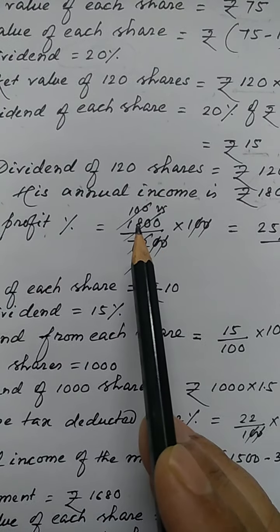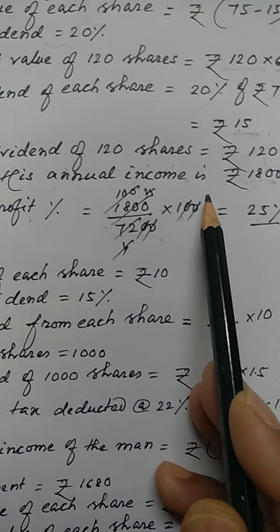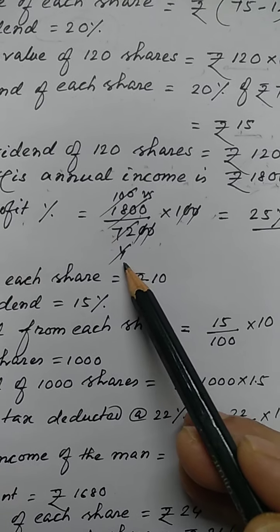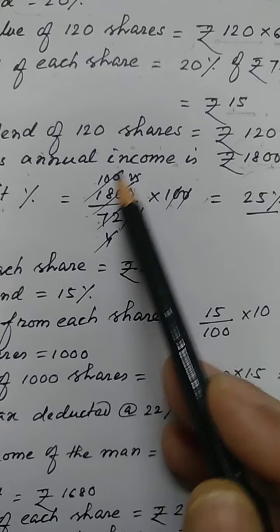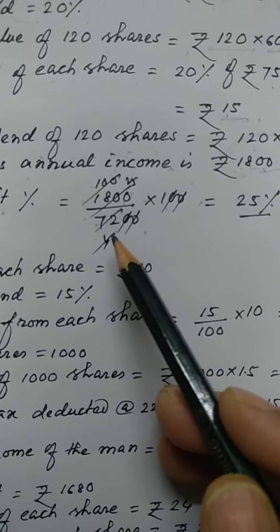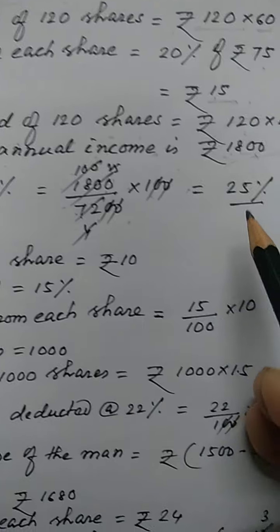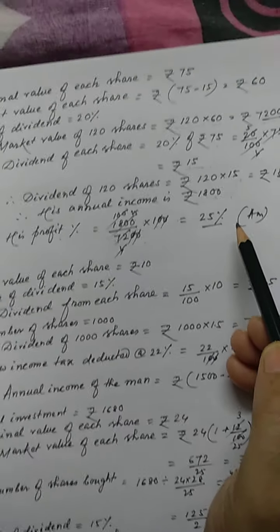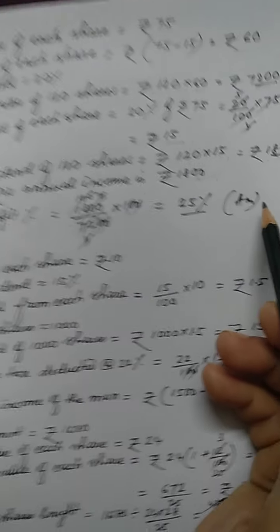Here I find it, 1800 by 7200 into 100. Then 0 0 cancel, 0 0 cancel, 18 divided by 18, this becomes 100. Then again dividing by 4, 100 is 25, so it's coming 25%. So his profit percent is 25%.